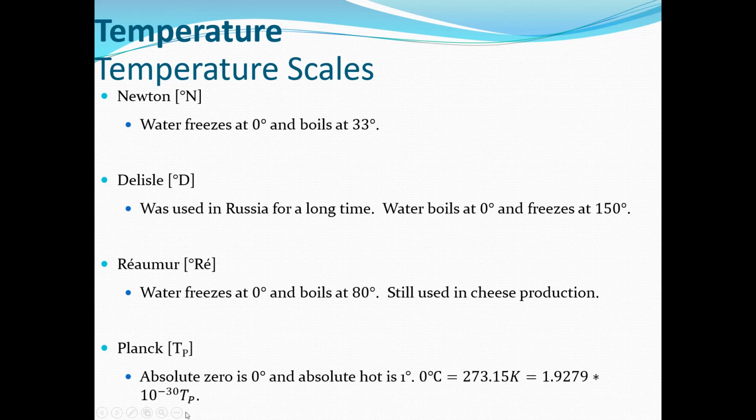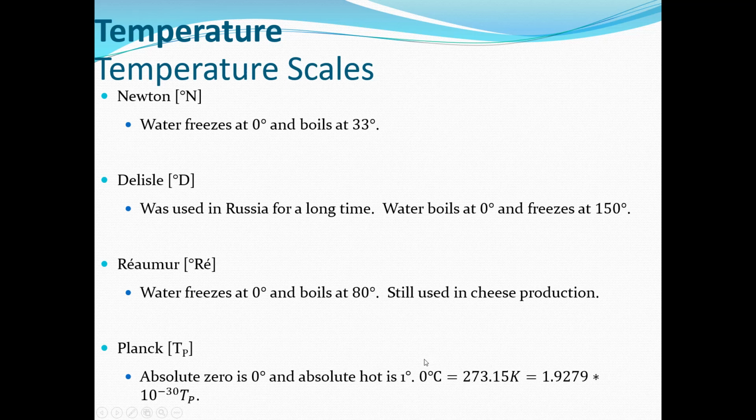So what the Planck scale does is it takes absolute zero and sets it to zero, and it takes absolute hot and sets it to one. So essentially, any possible temperature is somewhere between zero and one. There's nothing above and nothing below this scale reading, which I kind of like a lot.